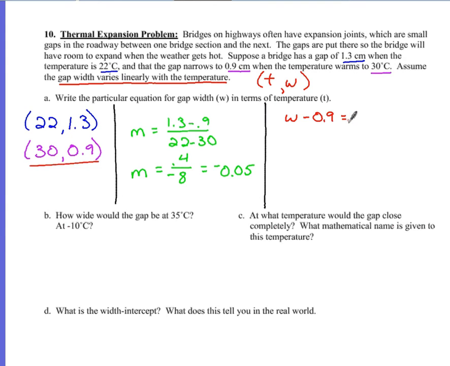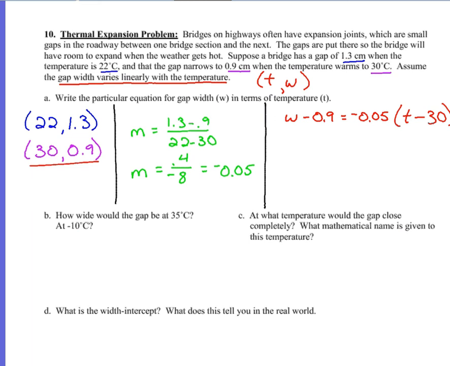That's going to equal, continuing with the point-slope form, my slope, which is negative 0.05, times the rest of this would be x minus, so x here is represented by temperature, T. T minus, the point I was working with was the second one, so it's going to be T minus 30.